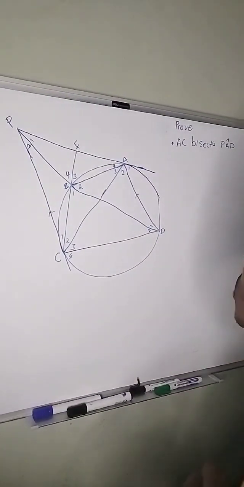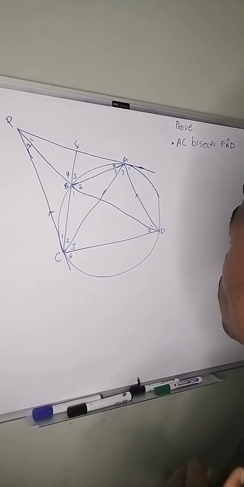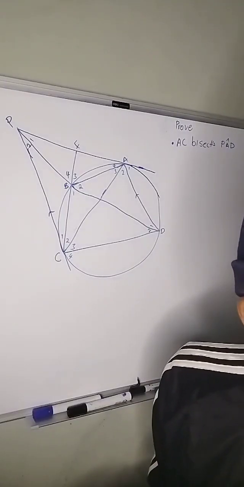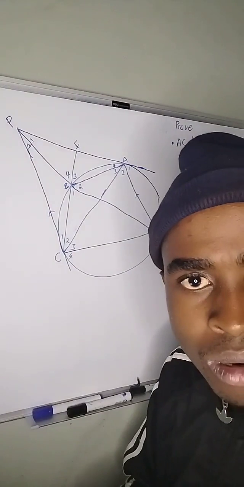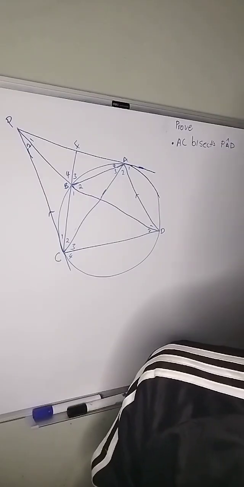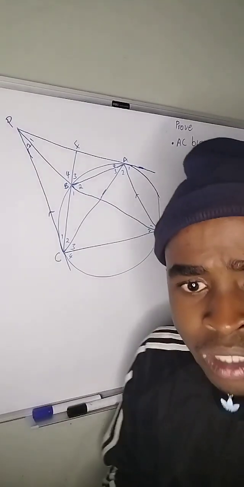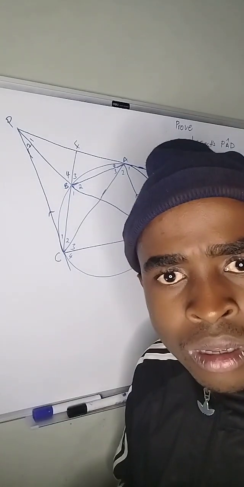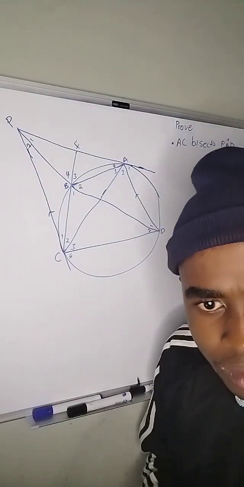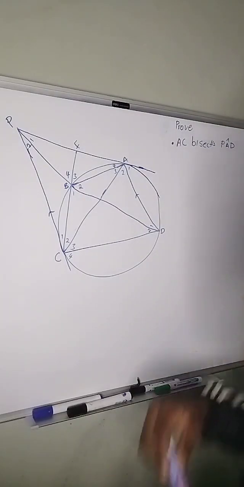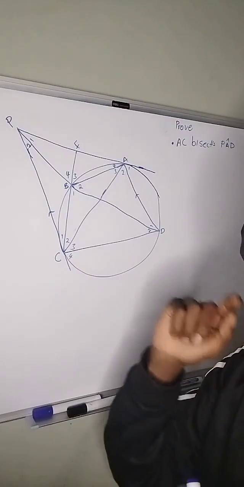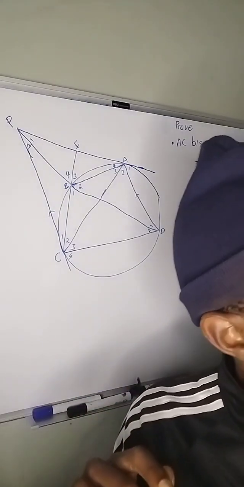A3 plus A4 must be equal to A1 and A2. So this A4 and A3 has to be equal to A2.